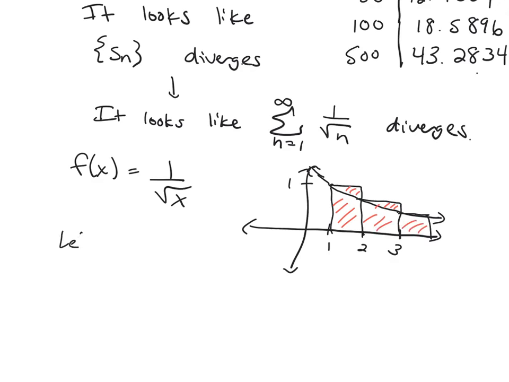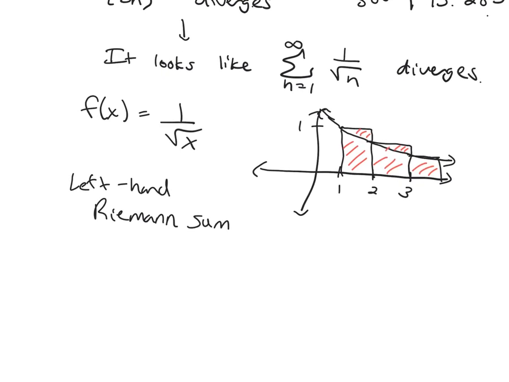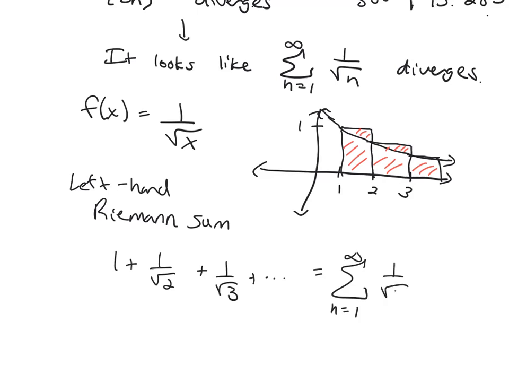So we're doing a left-hand Riemann sum. And just like in the last example, if I add up the area of these rectangles, the first one, I'm going to get 1. They all have width 1 again. 1 over the square root of 2, 1 over the square root of 3, and so forth. Again, this gives you my series. So this is my area of the rectangles.